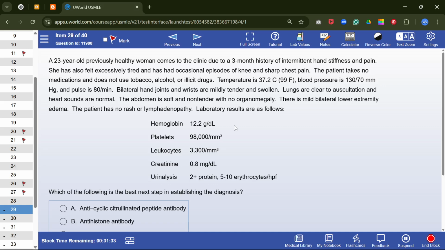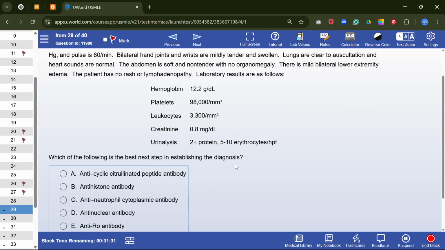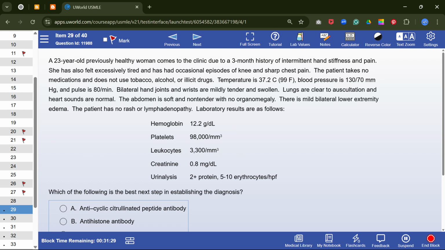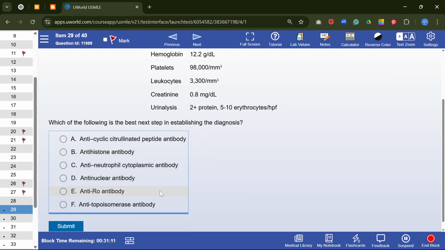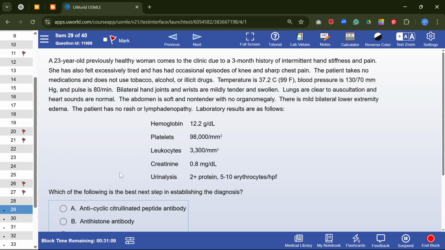Is it SLE? Joint pain, thrombocytopenia, urine 2 plus protein, and erythrocytes are present. Is there anything you are thinking?